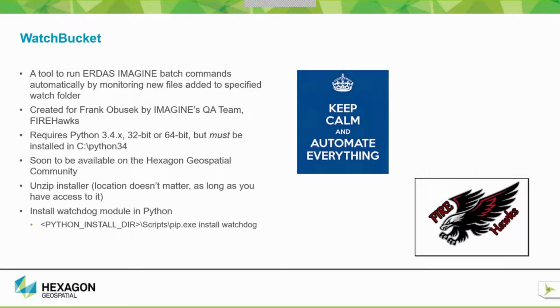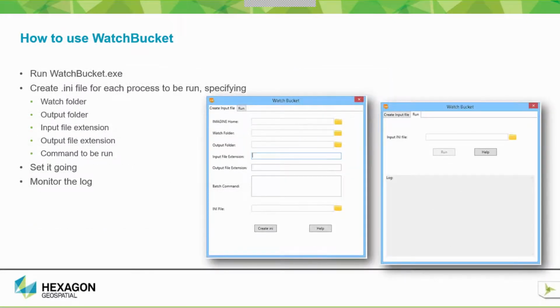In what you unzip, there's a program called watchbucket.exe, and you double-click on that to start it, and it brings up a dialog where you set up a few things. You have to set up where your Imagine home is, what folder you want to watch, and what you want the output folder to be, so when data is generated, that's where the output is put. You set the extension of the files you're looking for, and the extension of the files that are output.